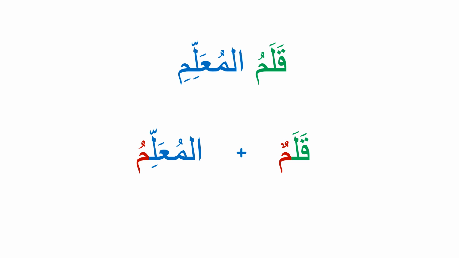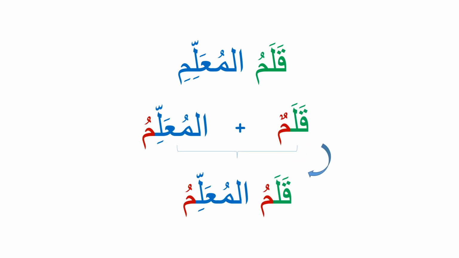Not only that, but also, since definiteness and indefiniteness cannot coexist, we will have to replace the tanween at the end of قلم with its single corresponding vowel, given that the whole construction became definite, resulting in قلم المعلم.